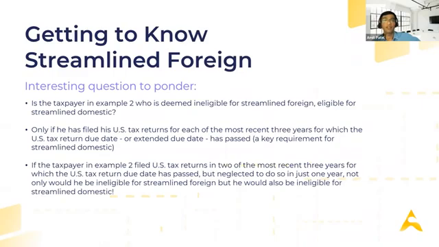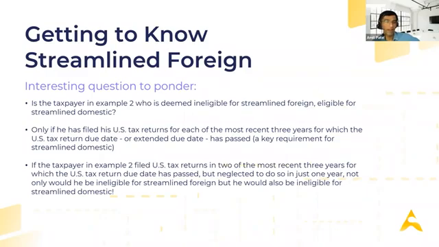The answer is yes, if he has filed a return for each of these 3 years and the due date has passed. Say the taxpayer who lived in the US for 36 days in each of these years filed the US return for 2 years, say 2019 and 2020. But for 2021, he completely missed out filing the return.